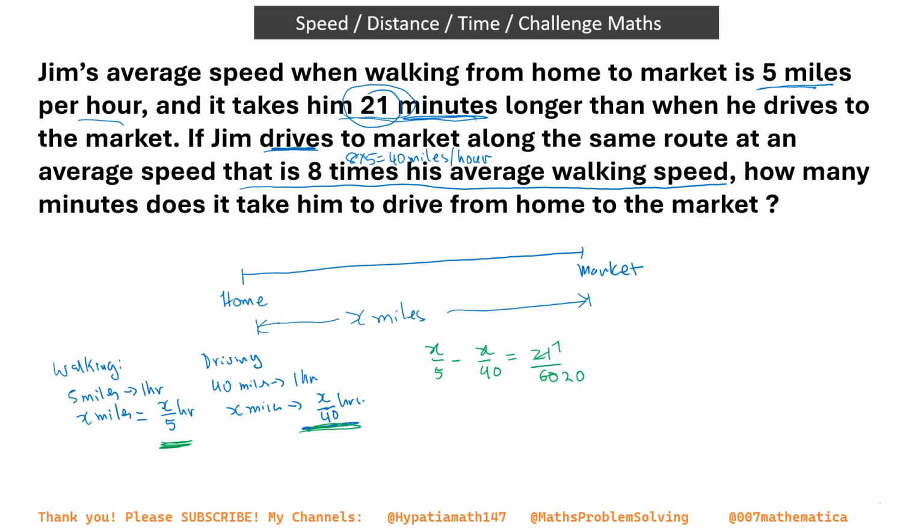Then 5 times 8 is 40, so that would be 8x minus x equals 7 out of 20. So 7x out of 40 is 7 out of 20, and the 7's get cancelled out, and I am left with x is 40 out of 20, and that is 2.